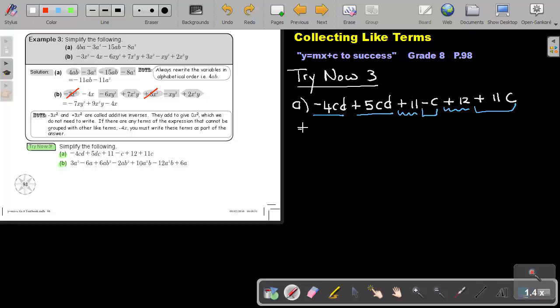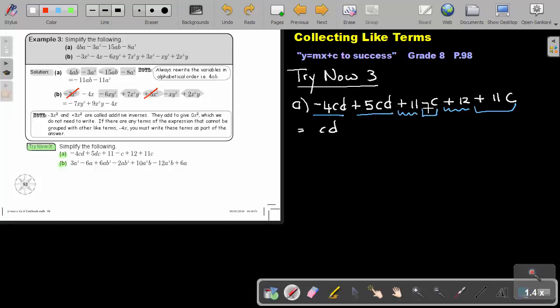So let's just add it up. Okay, remember, what do I do if the signs are different? I subtract. It's actually just primary school. 5 minus 4, what was that? It's 1. It's actually 1CD, but usually we just leave out that 1 and we don't write it. Okay, so let's continue. Let's first do all the variables and then the constant at the back, but it doesn't matter.